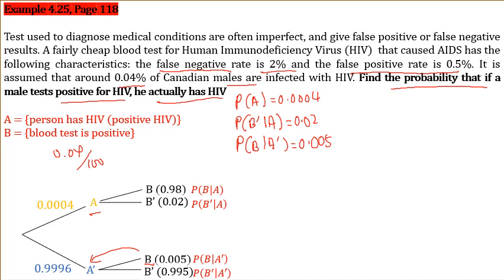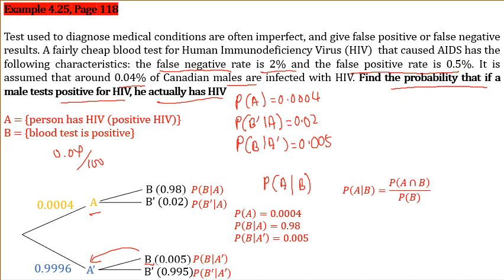So it means the probability that the person has HIV, A, given the blood test is positive, B. Next, P(A given B) equals P(A and B) over P(B). So P(A and B), A and B.